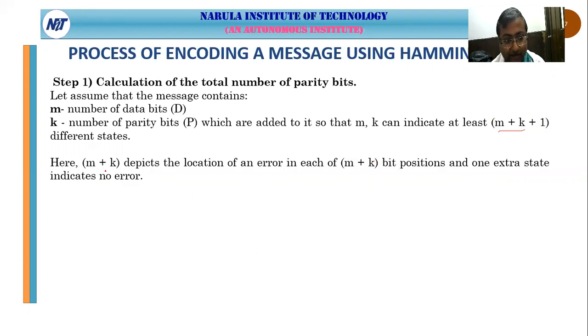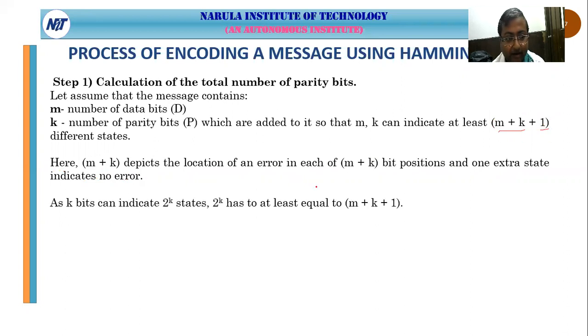I already told you m plus k depicts the location of an error in each of the m plus k bit positions, and one extra state indicates no error. So this is the no error bit. Now the condition is, if k bits can indicate 2 to the power of k states, then 2 to the power of k has to be at least equal to m plus k plus 1.